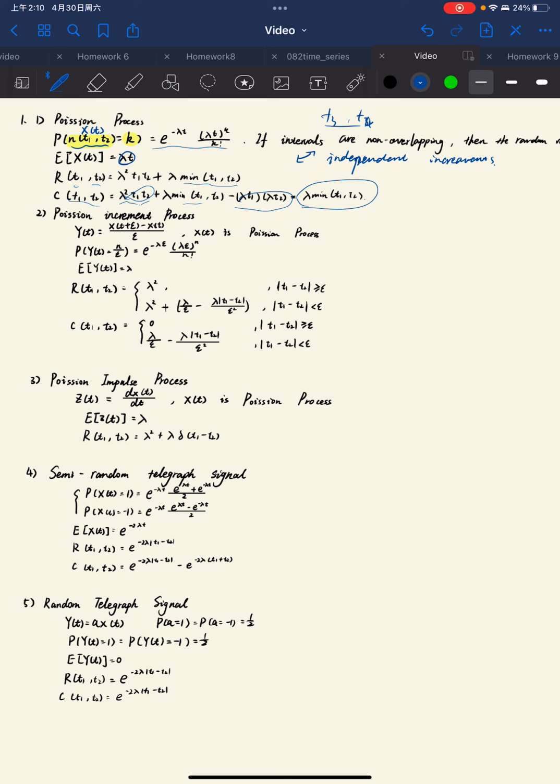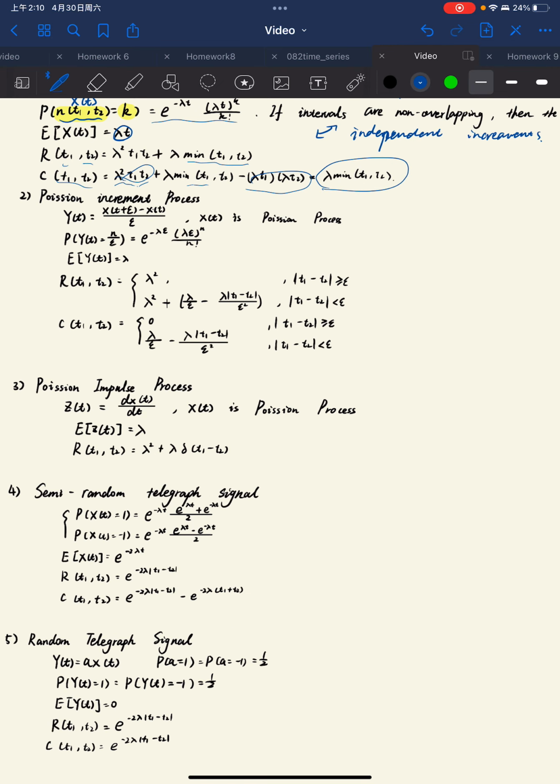Second, the Poisson increment process is defined as follows: if we have a Poisson process X(t), then Y(t) is equal to X(t plus epsilon) minus X(t), divided by the time difference epsilon.